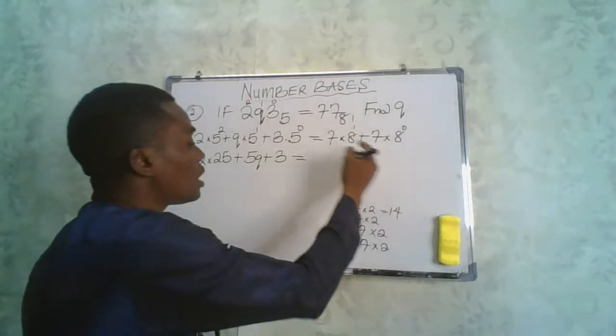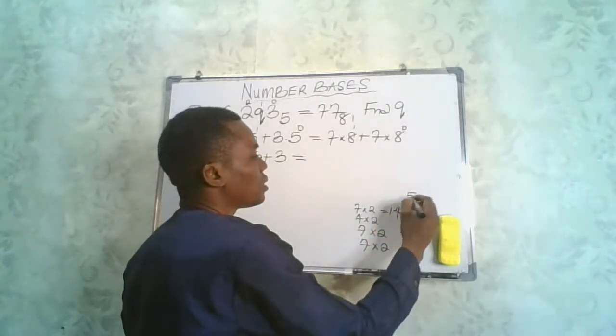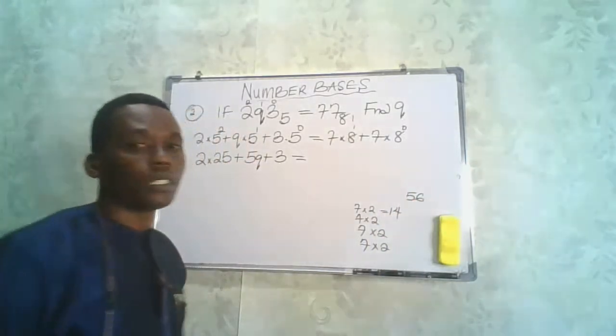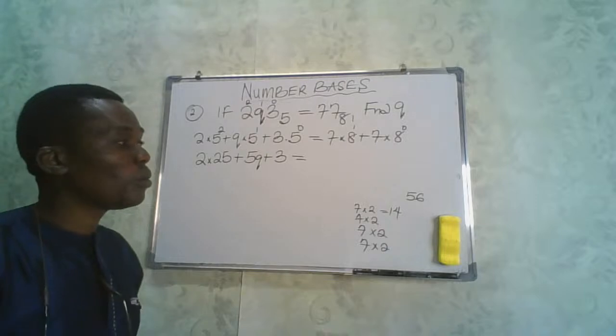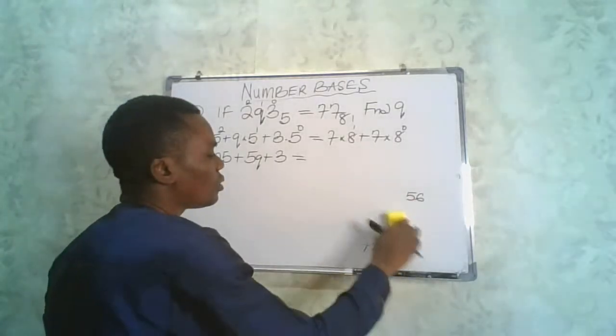So that means 7 times 8 is going to give us 56. Good, so that is exactly what we are going to get.